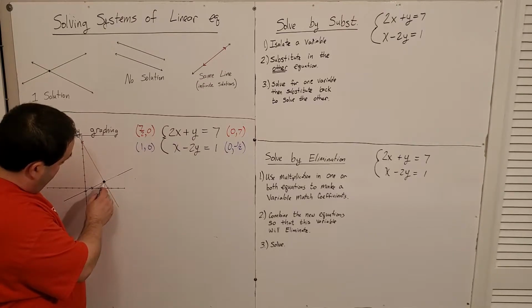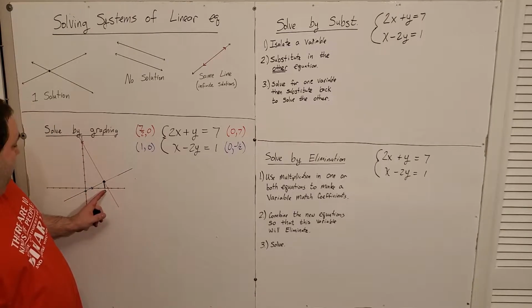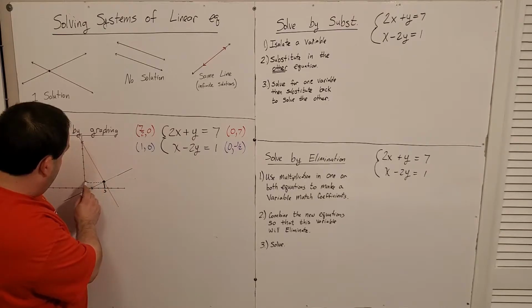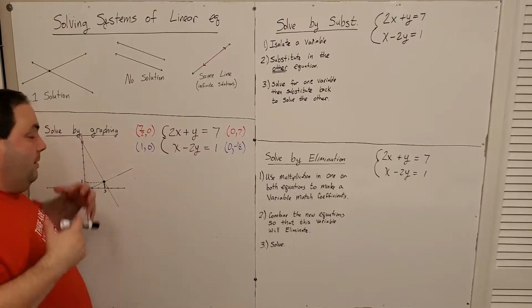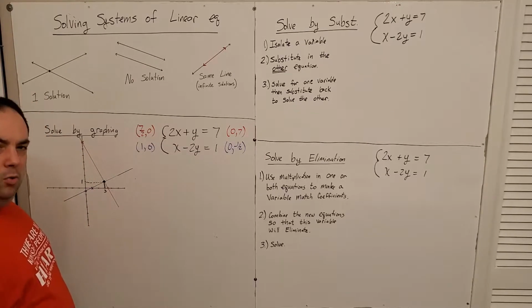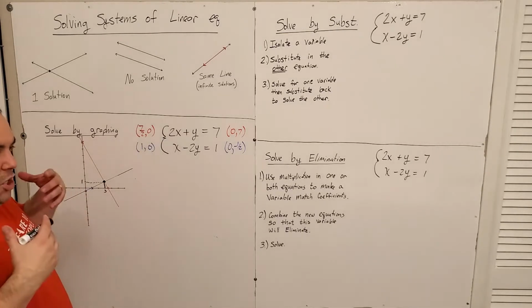And it looks like 3 on the x, 1, 2, 3, and it looks like 1 on the y. Now, of course, that's me in my mind really, really wanting the answers to be whole numbers. All right, so that's number one big source of error, human error.